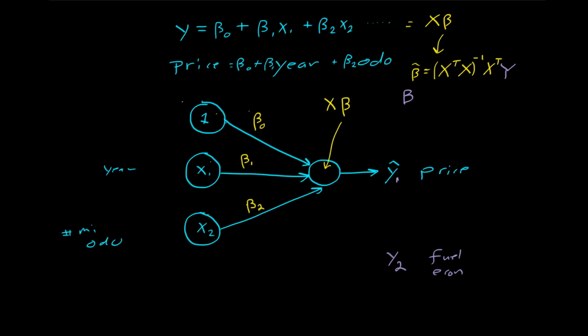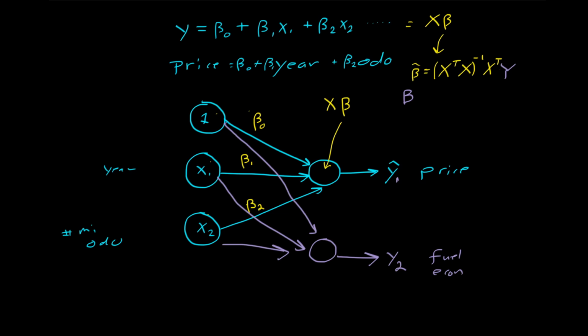But because it's the same features here, I'm just going to draw a line, let me draw it like this, down to here. And so we have this other node that's going to spit out the other outcome we care about. So a line going down like this and a line going down like this.